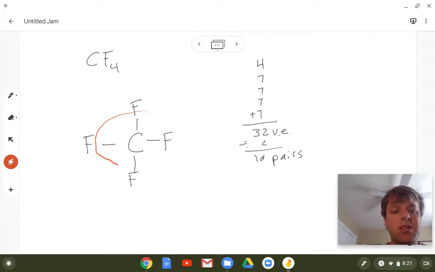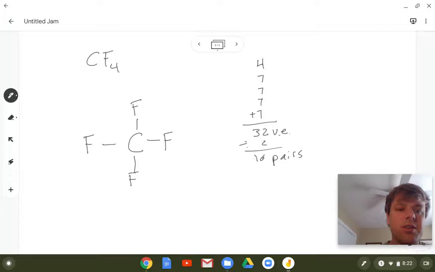Now, this carbon in the middle has already satisfied the octet rule with 2, 4, 6, 8 electrons. So now we just need to use our other 12 pairs, because we have 16 total pairs of electrons, to satisfy each of our fluorines. So each of our fluorines needs 6 more electrons or 3 more pairs. So we're going to just add them on.